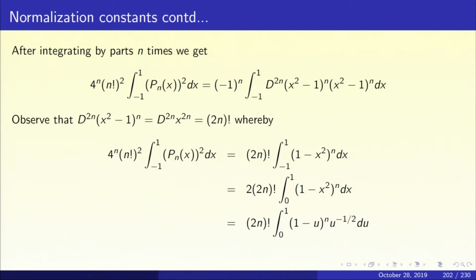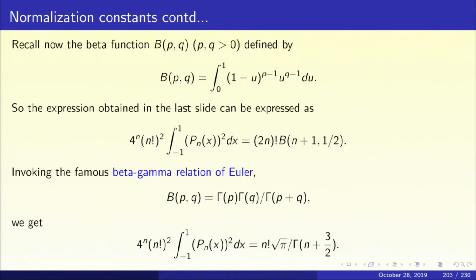Now this last integral is something that you should recognize, and what is it? It is the beta function. What is the beta function? Beta(p, q) equals the integral from 0 to 1 of (1 minus u) to the power p minus 1 times u to the power q minus 1 du, where p and q are positive numbers. The beta function is symmetric. Beta(p, q) is the same as beta(q, p).